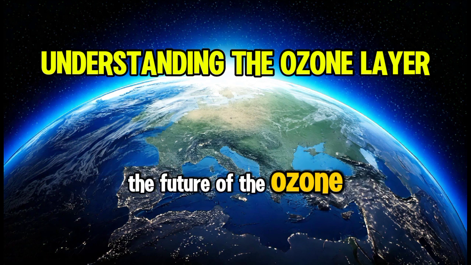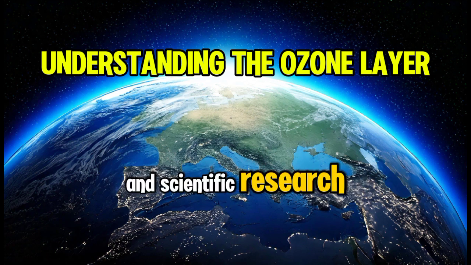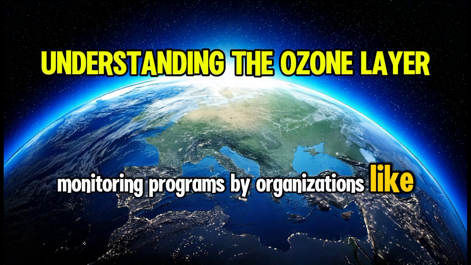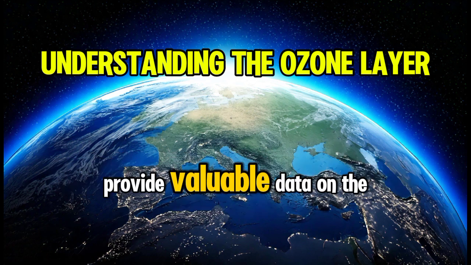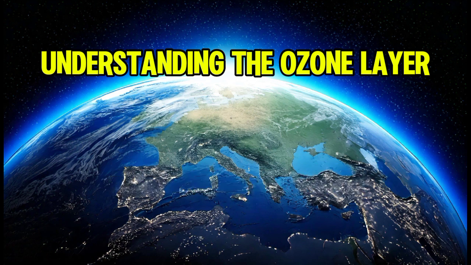The future of the ozone layer continues to depend on both policy and scientific research. Monitoring programs by organizations like NASA and the World Meteorological Organization provide valuable data on the ozone layer's health and track changes over time.